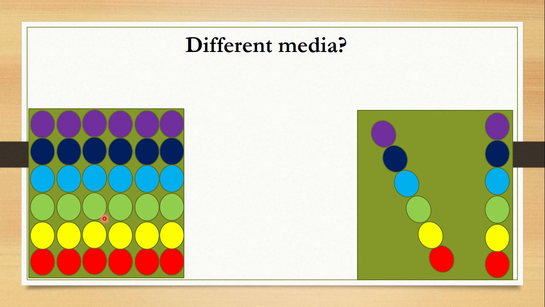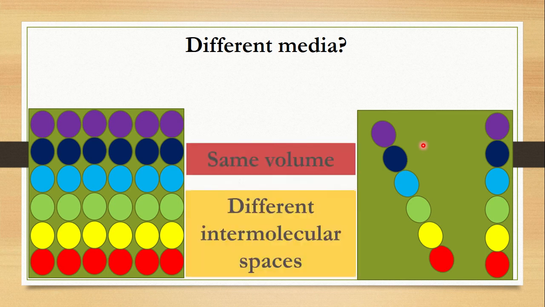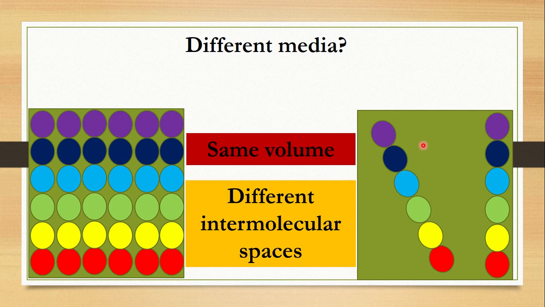Therefore, if something is moving, it will slow down its speed. Whereas in this case, there is a lot of intermolecular space, because of which any object can move very easily and with much greater speed. So there is the same volume but different intermolecular spaces.